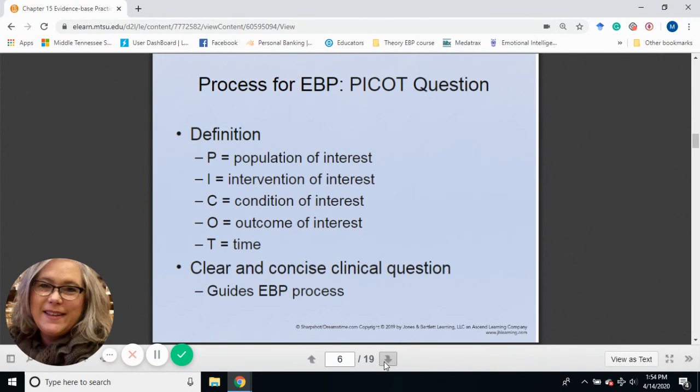So our PICO question again, a population of interest, we need that. Intervention of interest, yes, we need that. Condition of interest, not necessarily required, but recommended. That's important to note. Outcome of interest and our time that we're doing that. So we need our question to be precise and appropriate to the problem that we've encountered.